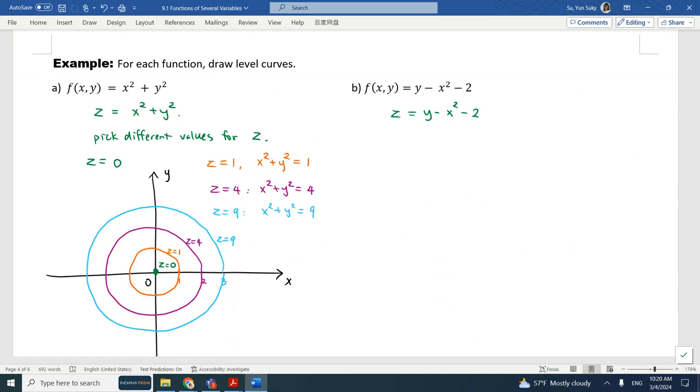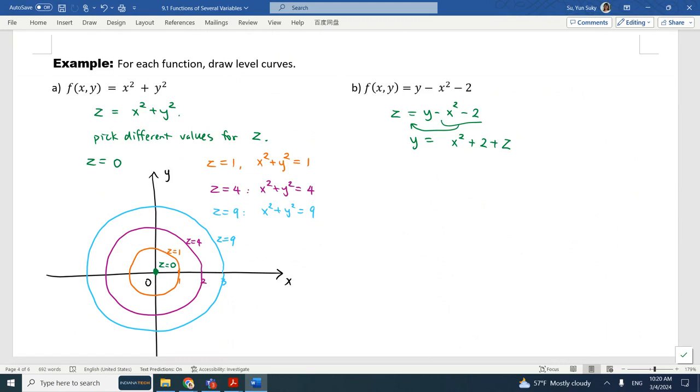Mm-hmm. So it is a function. We solve for y. We move these to the other side. We get y equals x squared plus 2 plus z. Is that okay, everybody?